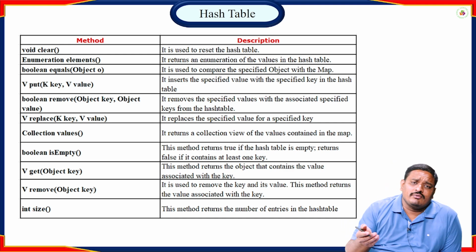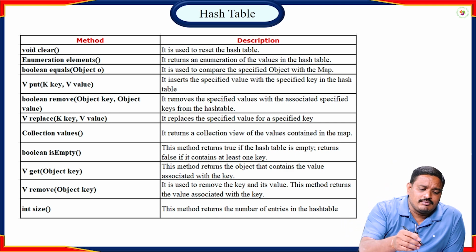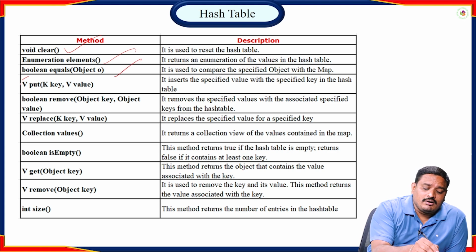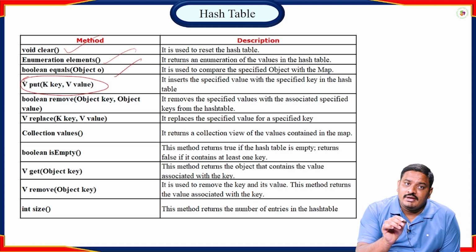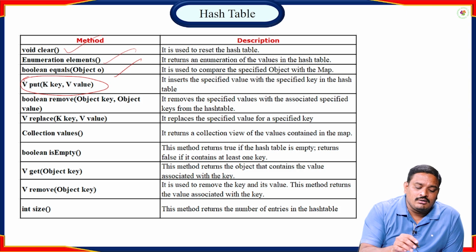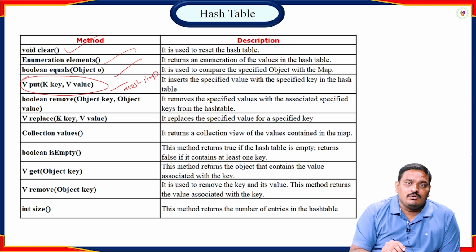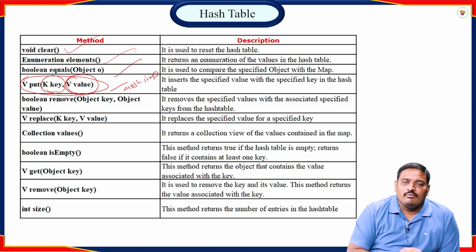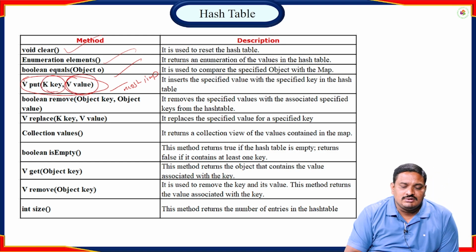The hash table also has some methods: the clear method, enumeration elements, boolean equals, and V put of key value. This is the most important method in the hash table, because we are assigning keys and values in that particular hash table.